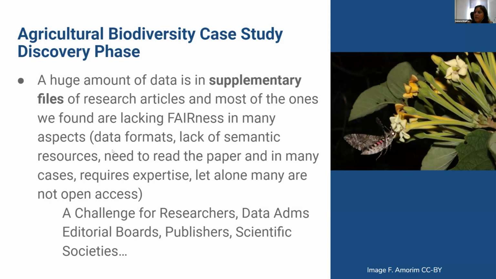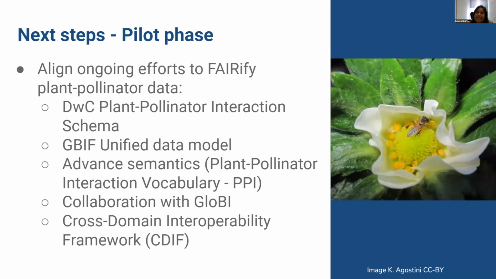And that's what we are going to do in the next phase, the pilot phase that we are running right now. We are working on 5 pilot studies to document the data in the Darwin Core plant-pollinator interaction schema that we proposed in José Salim's article and that I showed today.